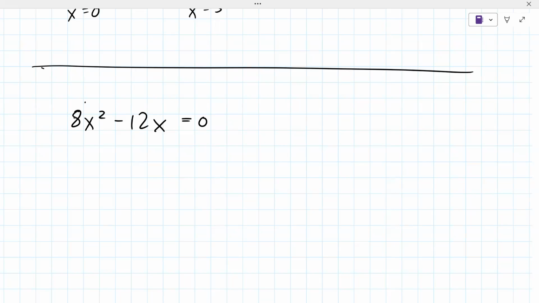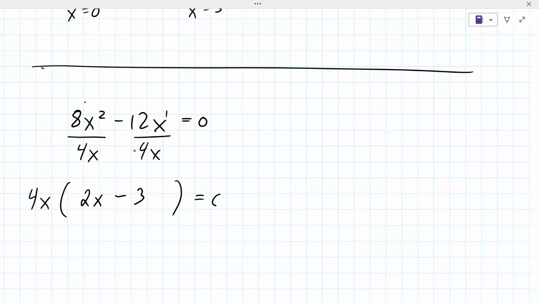So what number goes into both? 4. Okay, so 4, and then what about the x squared and the x? There's an x that goes in. So tell me what goes in parentheses. 2x minus 3. Yes.